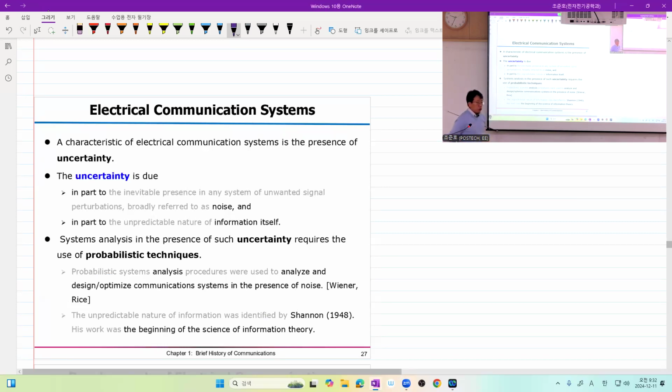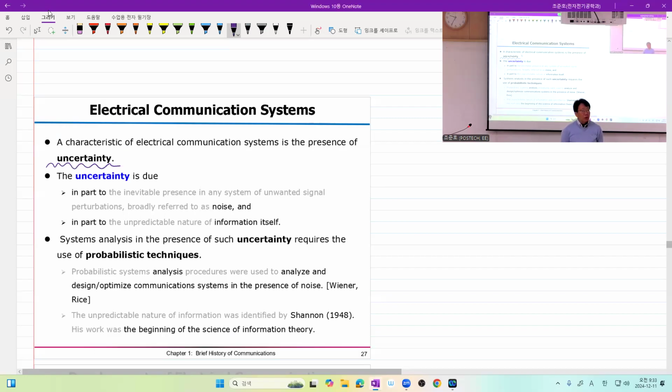Most of you are electrical engineers, and electrical engineers, interestingly, must handle uncertainties. These days the situation has changed a little bit, but around 10 or 20 years ago, interestingly, most of the quants, who are the designers of algorithms in our Korean Wall Street called Yeouido stock industry, had electrical engineering backgrounds.